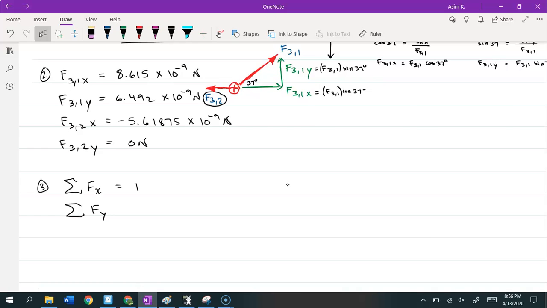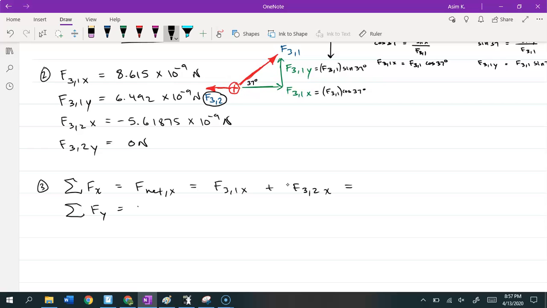The net force, we can call it F net x if you don't like the summation symbol, is going to be F31x, the force that is exerted on charge 3 by charge 1 in the x's. Then we add to it the force exerted on charge 3 by charge 2 in the x's, and that will give us the net force in the x's, right? And we'll put that in just a moment.